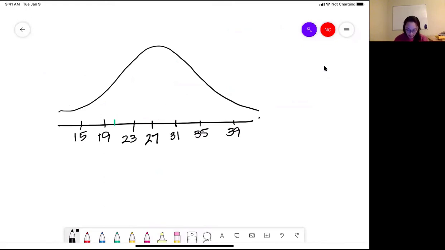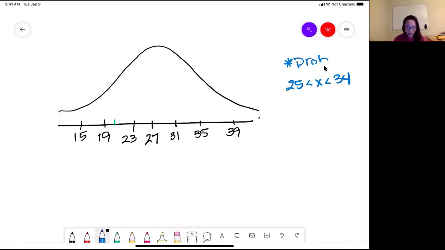So now let's say I'm interested in the probability that I'm going to have a raw score, X, but this time between 25 and 34. So I want the probability that I'm going to have a value of X that's greater than 25 but less than 34.